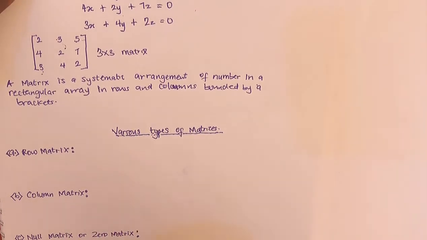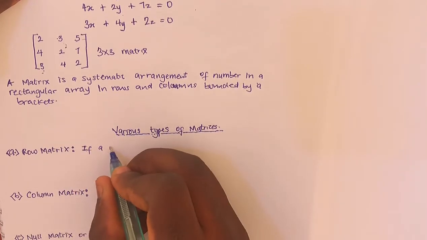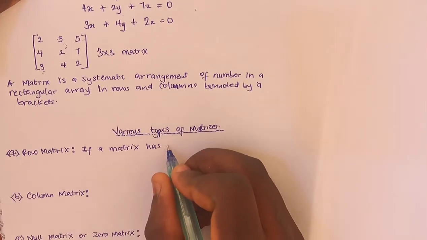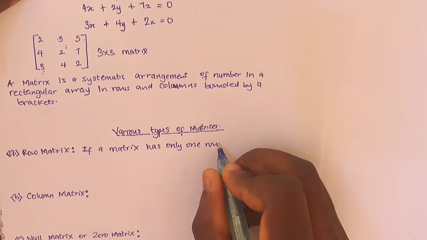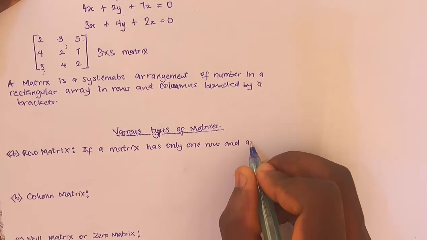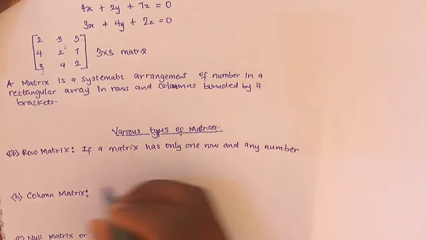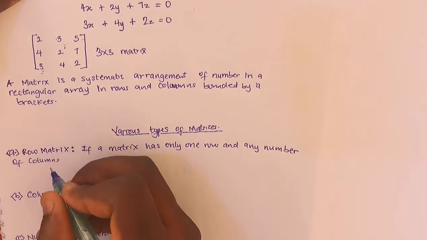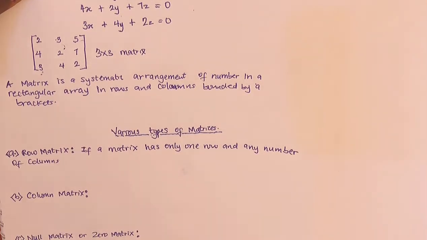So under row matrix, you can say if a matrix has only one row and any number of columns, it is known as a row matrix.